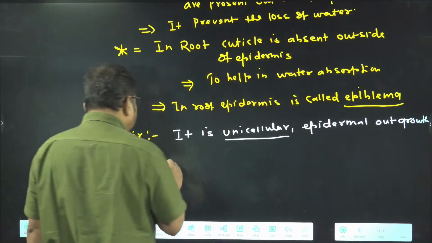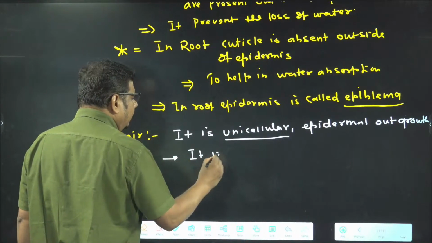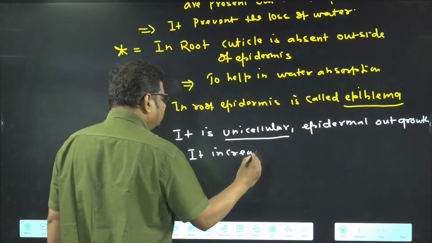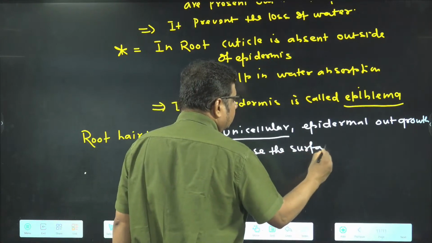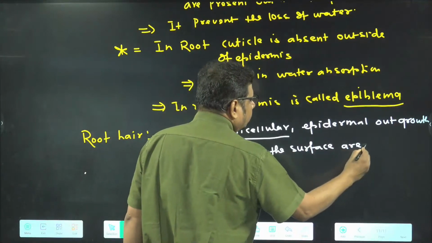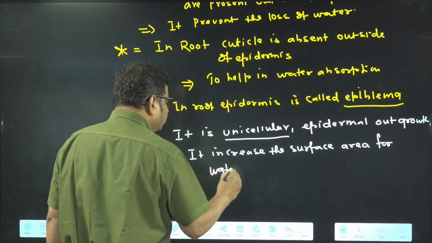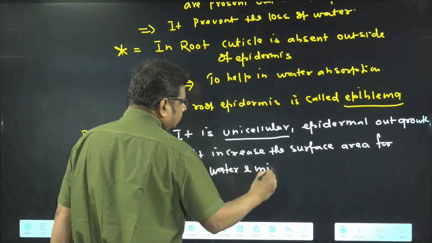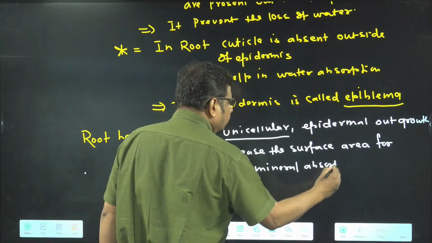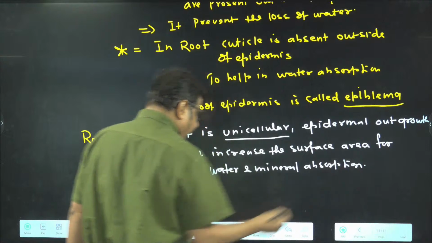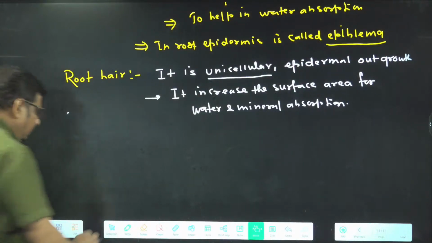Getting the things or not? What function does root hair perform? It increases the surface area for water and mineral absorption. Clear?